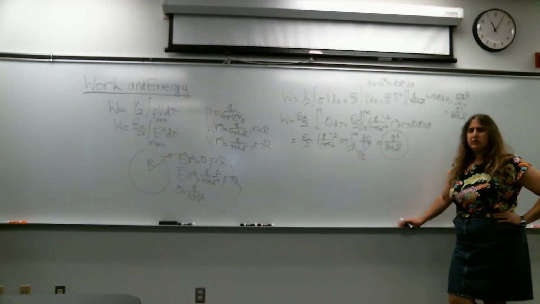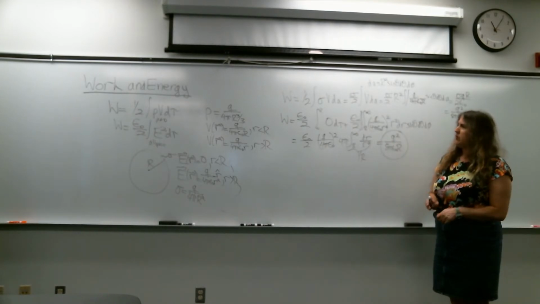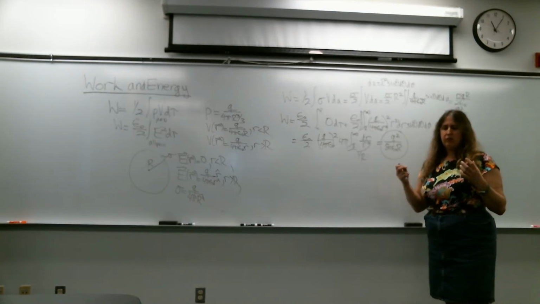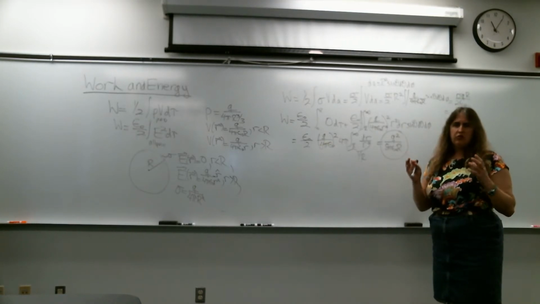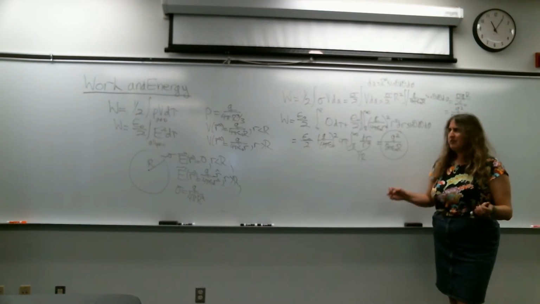That seems convenient, right, to be able to use either of these expressions. You can calculate the work done associated with an assemblage of a uniformly shaped charge distribution, characterized by a constant rho.